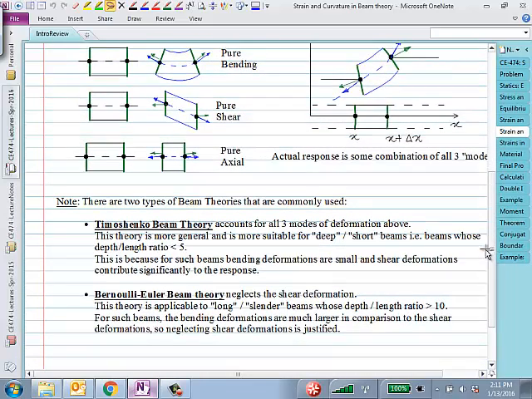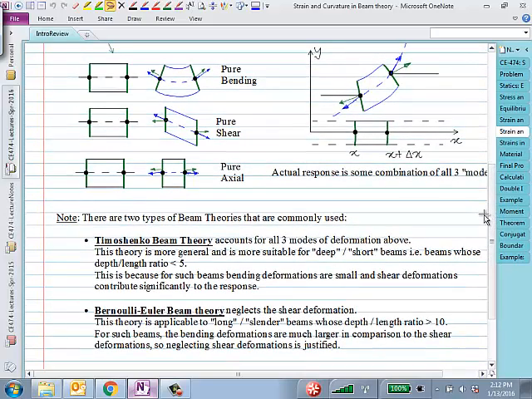Those two theories are called the Timoshenko beam theory, which does allow for bending, shear, and axial, all three modes of deformation, and the Bernoulli-Euler beam theory, which is the one that you have been using in your structural analysis courses, structural mechanics courses, and even in this course, we are going to rely on this Bernoulli-Euler beam theory, where we assume that the beam is rigid in shear, that there is no shear deformation. The only deformation that we'll be considering would be pure bending deformation.